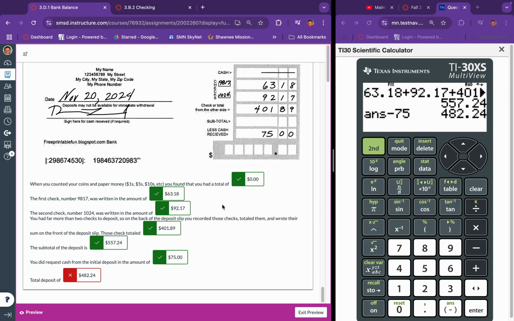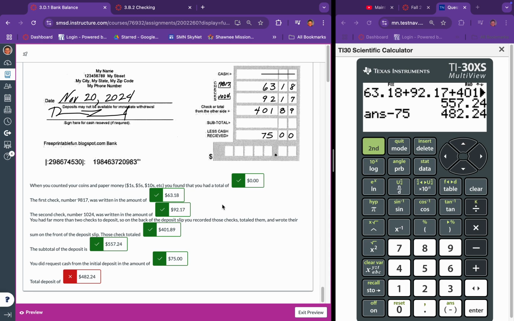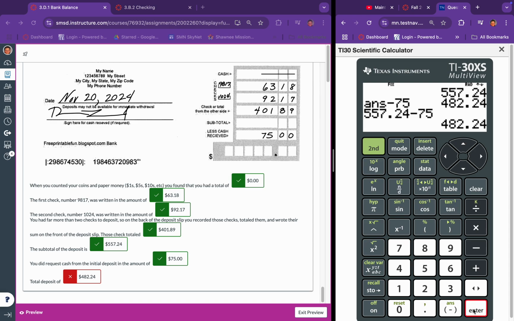Uh-oh. How did I miss that one? 557.24 minus $75. 482.24. There must be something wrong with my key. 482. Well, I'll fix the key on that one. Huh. Good to know.